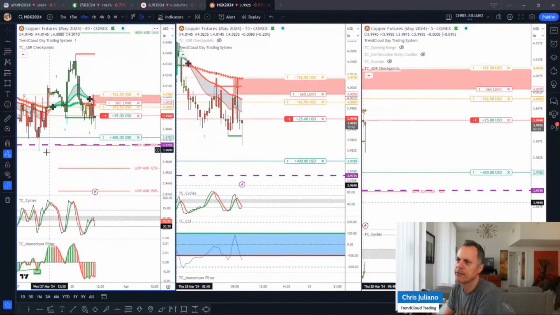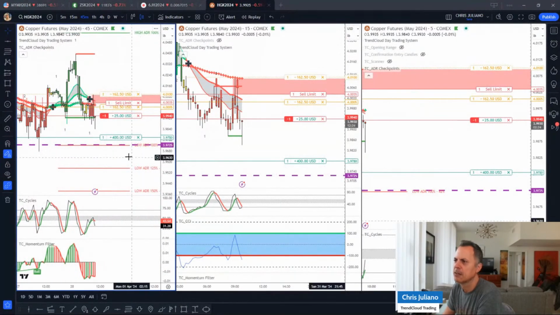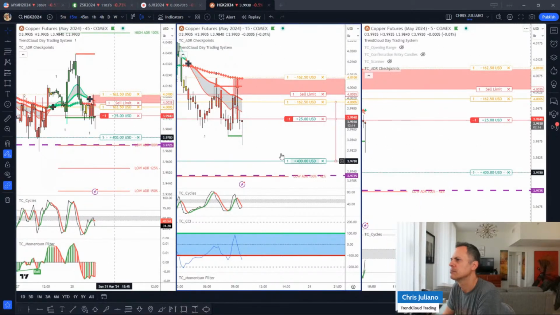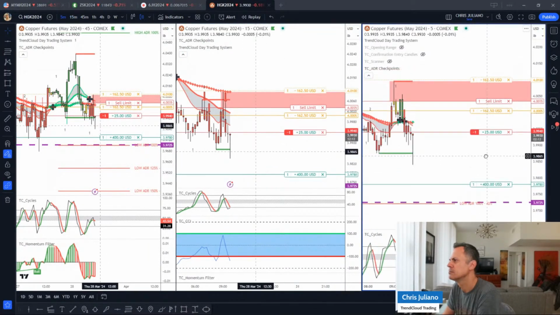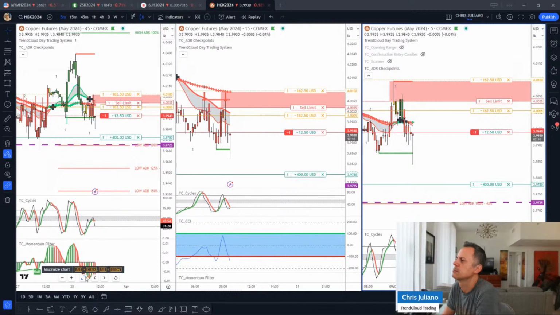That's what we want to hit. We've got an ADR checkpoint just below that.